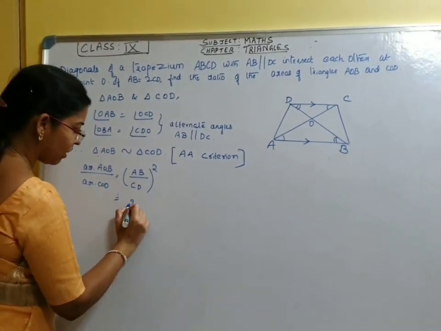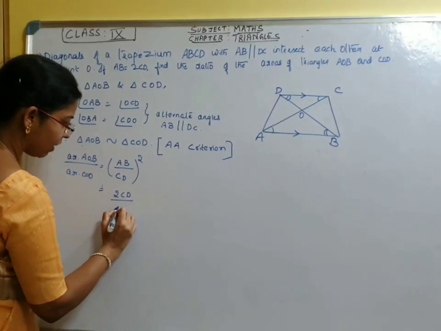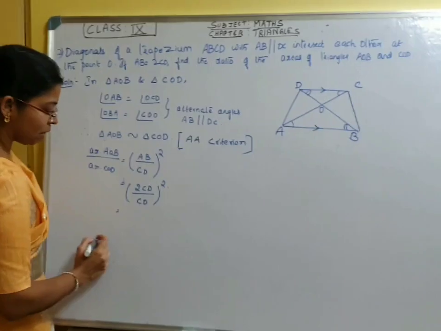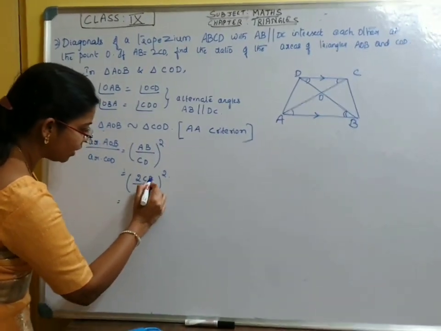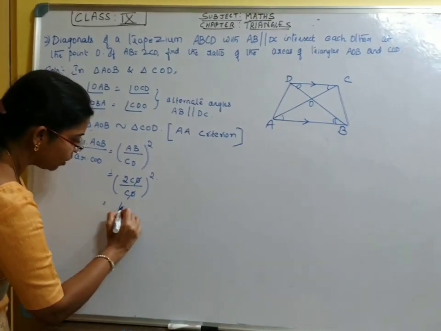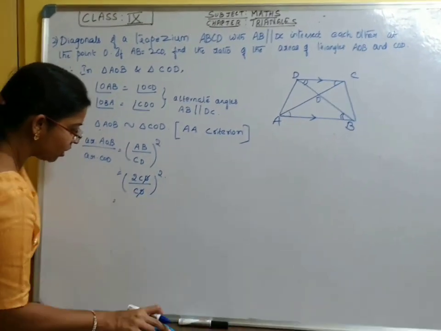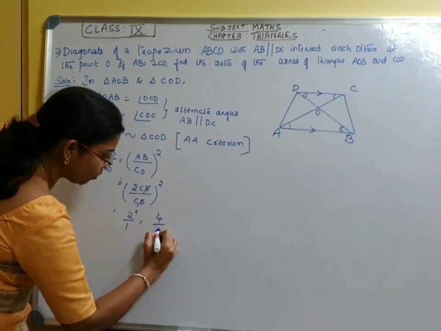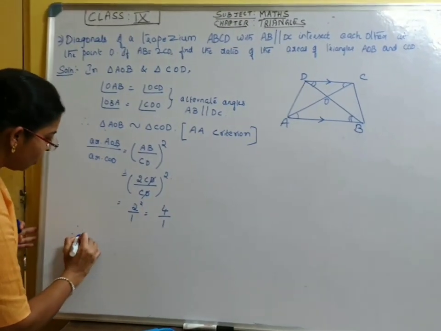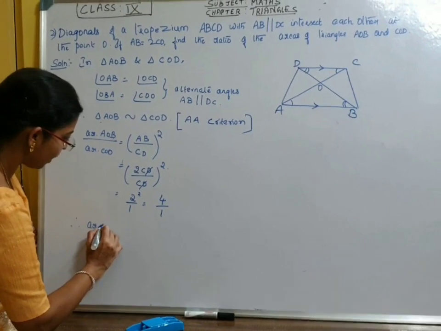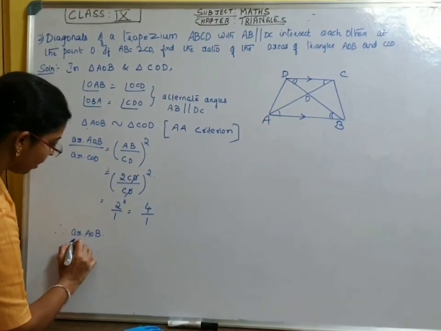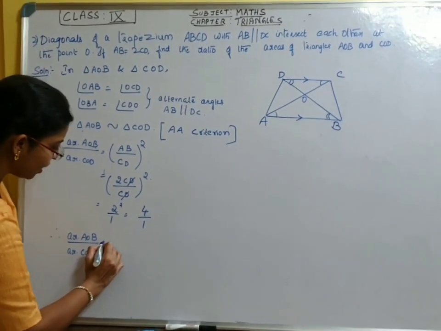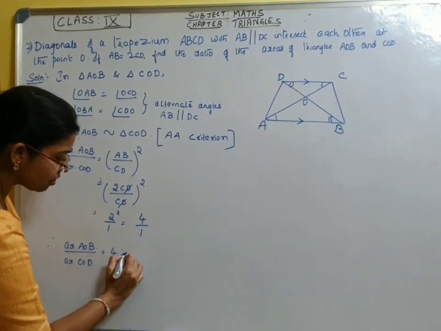In place of AB we can write 2CD divided by CD the whole square, which is nothing but 2 square by 1, which is 4 by 1. Therefore, area of triangle AOB by area of triangle COD is 4:1.